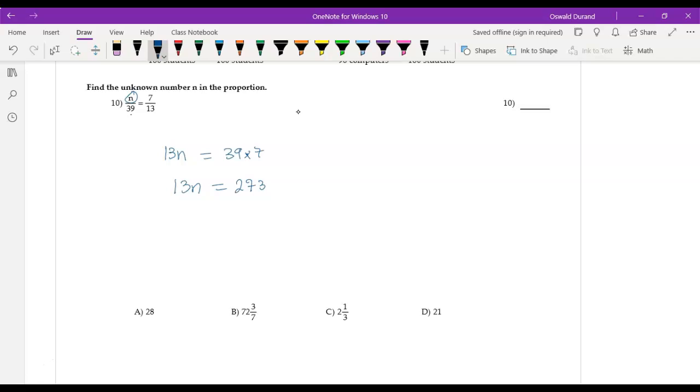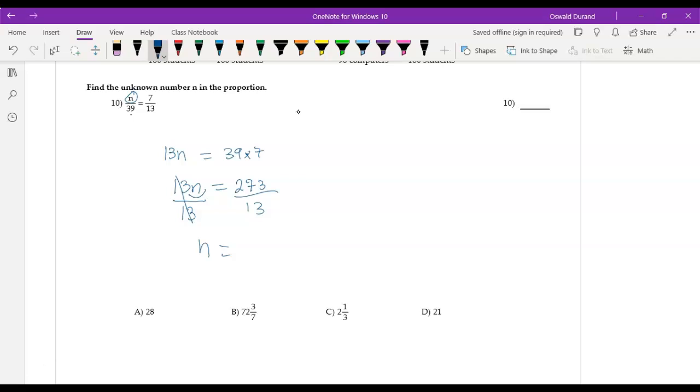This is a one-step equation, even though we didn't cover equations, but you should be familiar with how to solve for N, especially a one-step equation. So this is 13 times N. In order to solve for N, because it's times between those two, you need to divide to cancel out the 13. So you divide by 13 here, you divide by 13 here, and you get N is equal to 273 over 13.